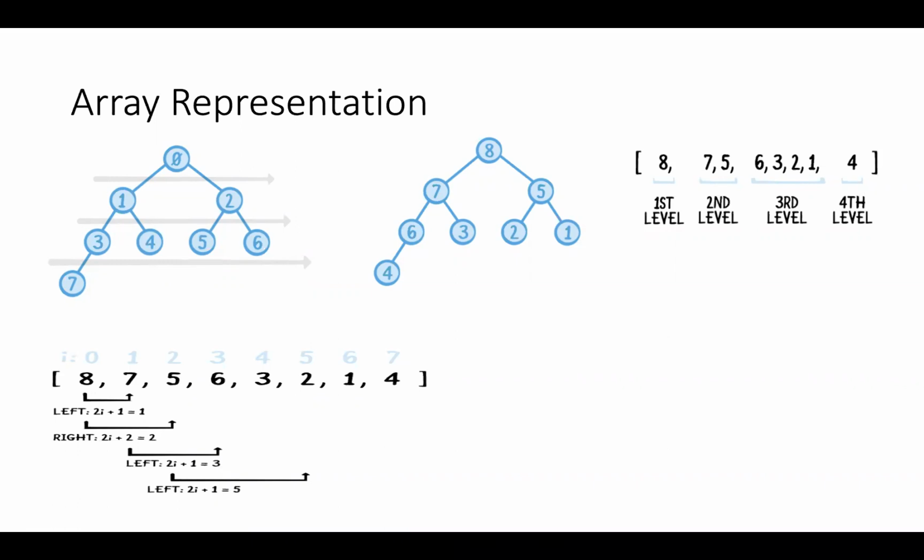If I have to represent any array as a tree, I will just start with 8. For logical representation, to view how it will look in a tree, I will put 8 at my root node, 7 as my left child, and 5 as the right child of 8. Likewise, I will create a tree from this array.